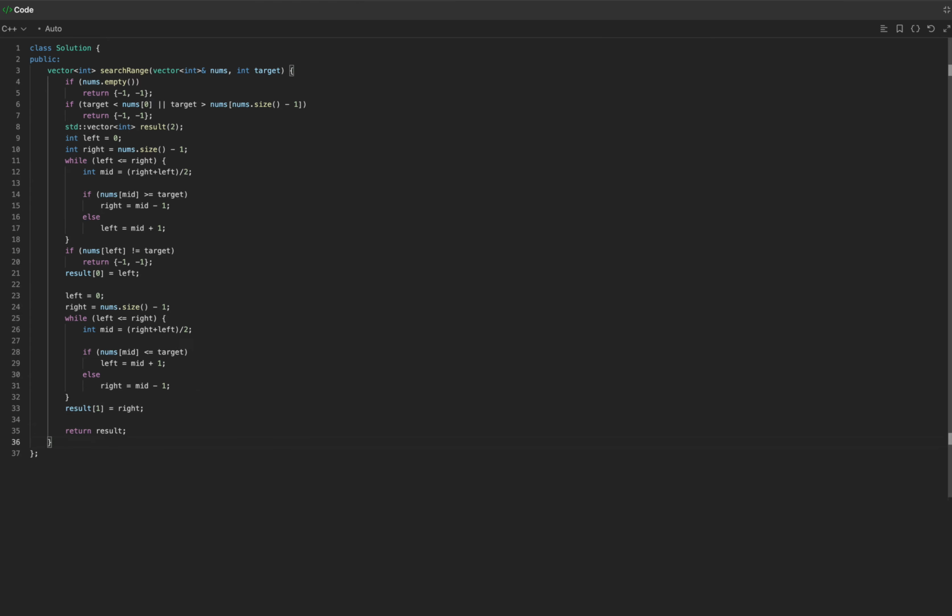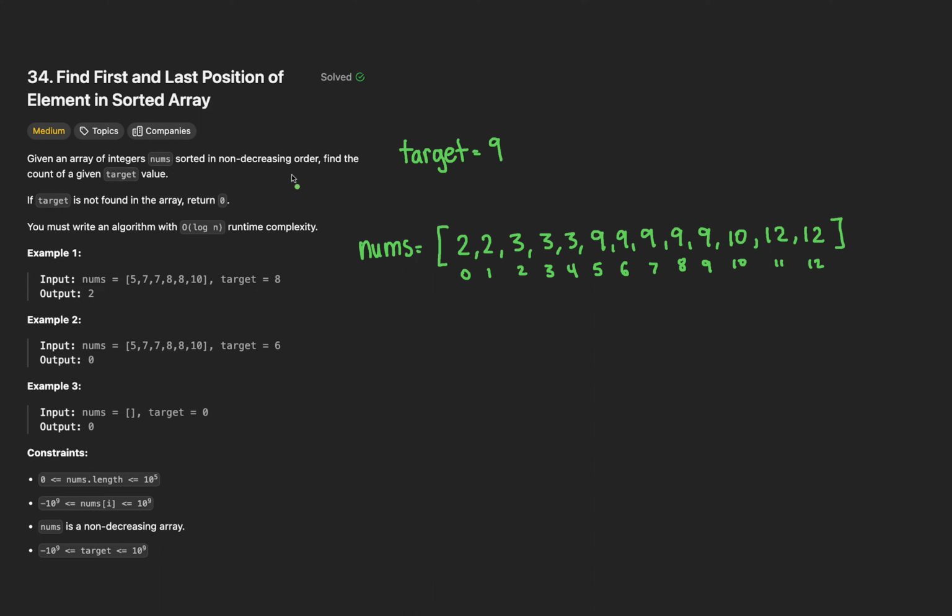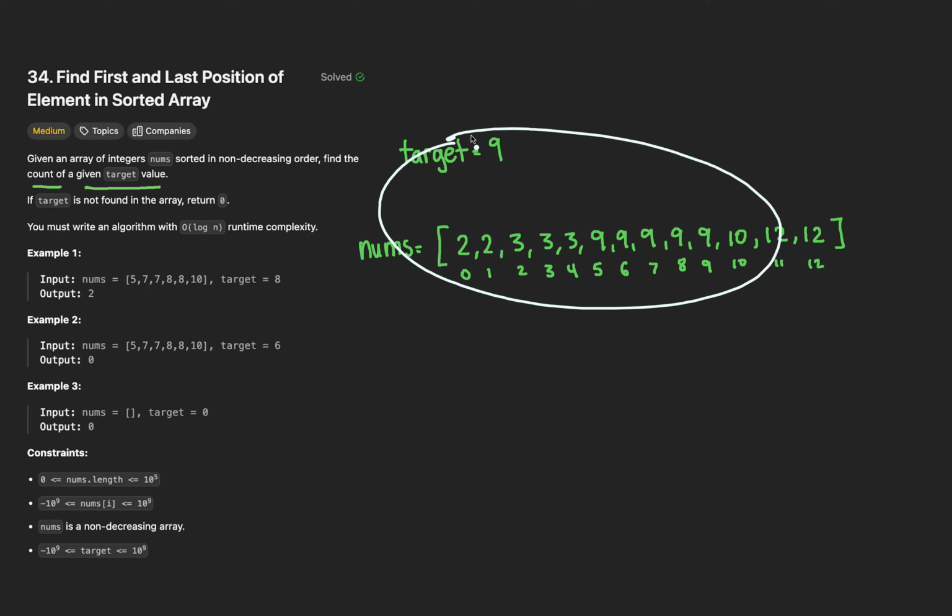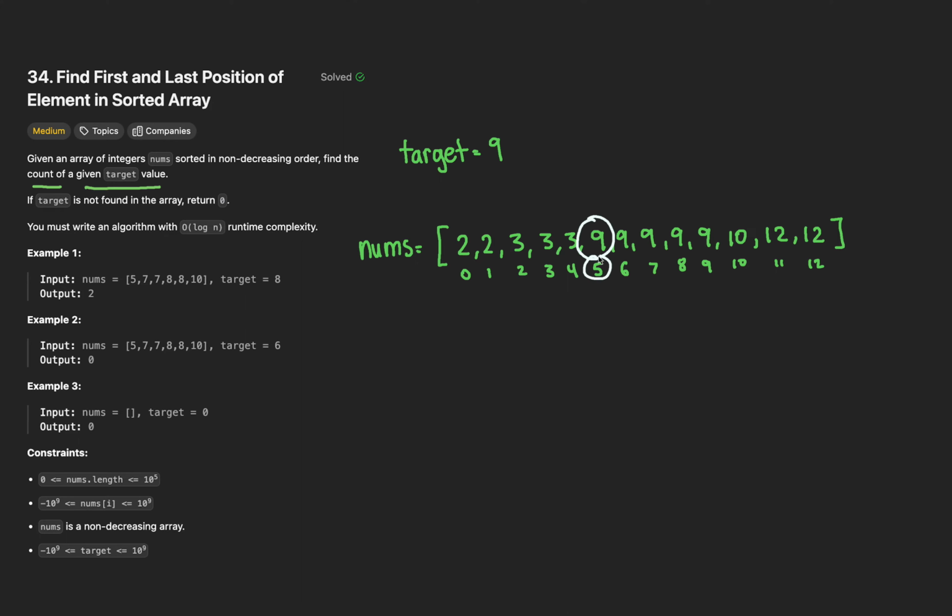Meta may ask you a slight variant of the original LeetCode problem, where the only thing that's different is that we're now supposed to find the count of a given target value. For some context to build off of, let's look at our example from the previous problem and reinspect what we did for the OG problem. We had dispatched two binary searches. We ran a lower bound binary search to find the leftmost 9 here with an index of 5.